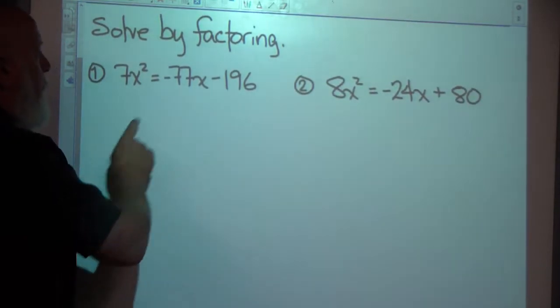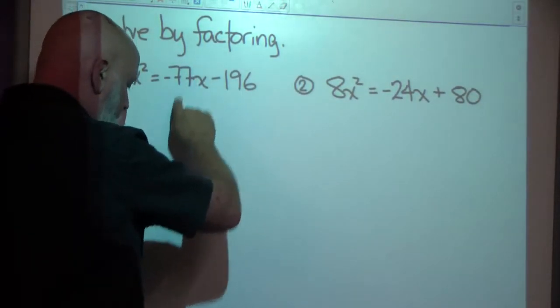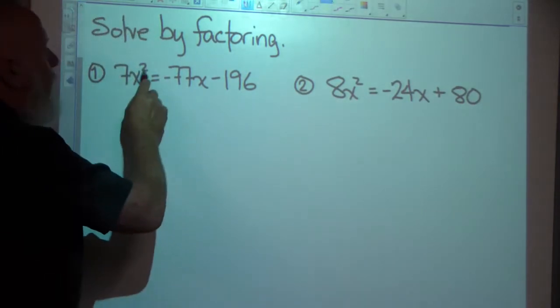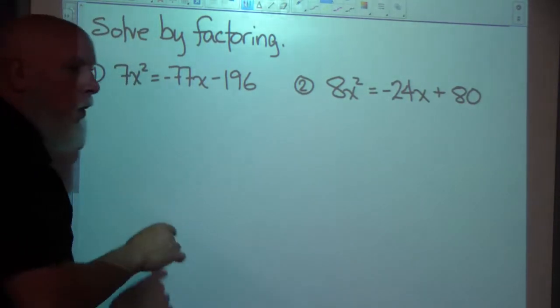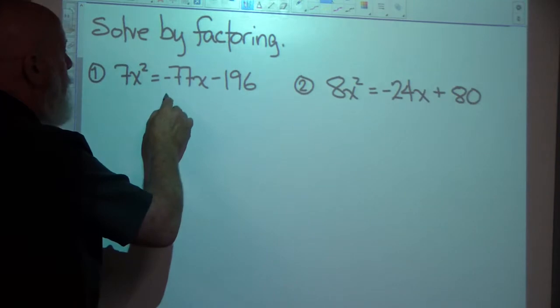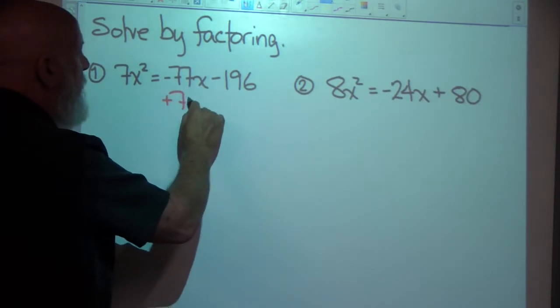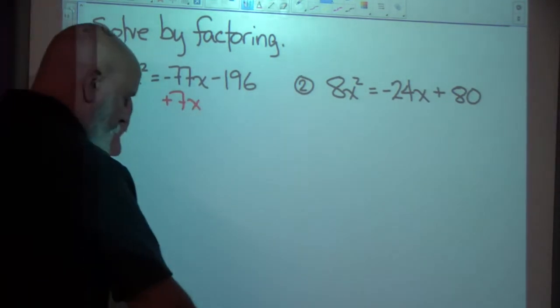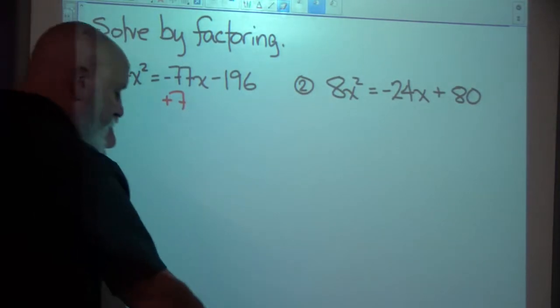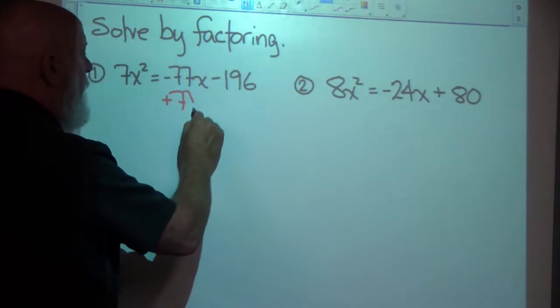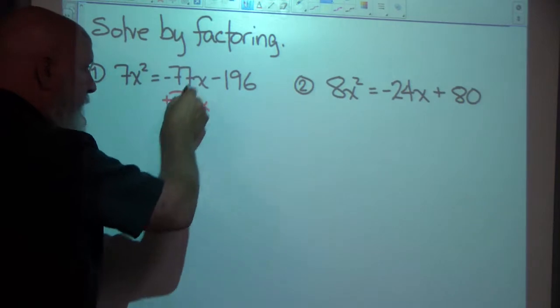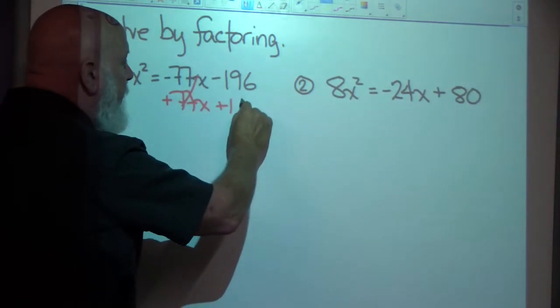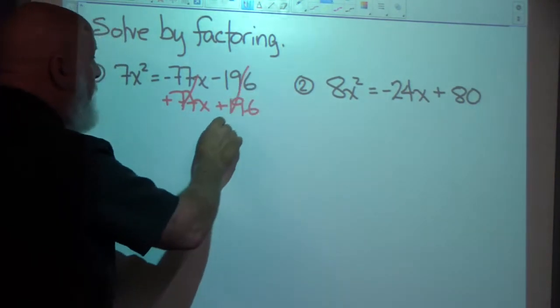And as we did last time, we want to set one side equal to 0. So I'm going to turn this side equal to 0 because I want my quadratic term to stay positive. So I'm going to add 77x to both sides. 77x, not just 7. That turns that into a 0. I'm going to add 196 to both sides, and that turns that into 0.